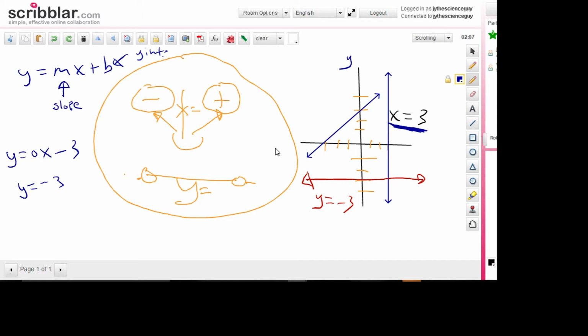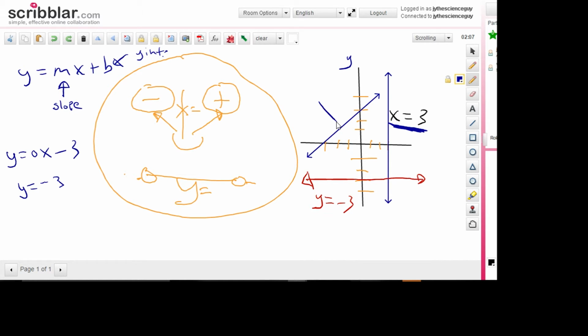There's no number that you can put in for m, and there's no number that you can put in for b, because it doesn't cross the y-axis at all. That's the tricky one. You just have to know that wherever it crosses the x-axis, that's the actual formula for it.